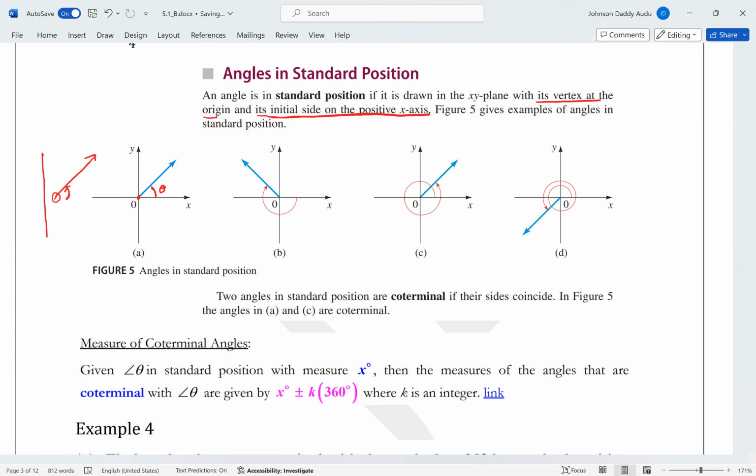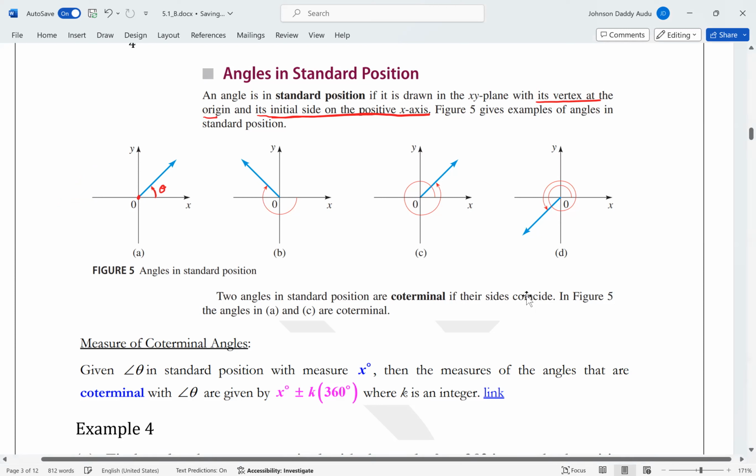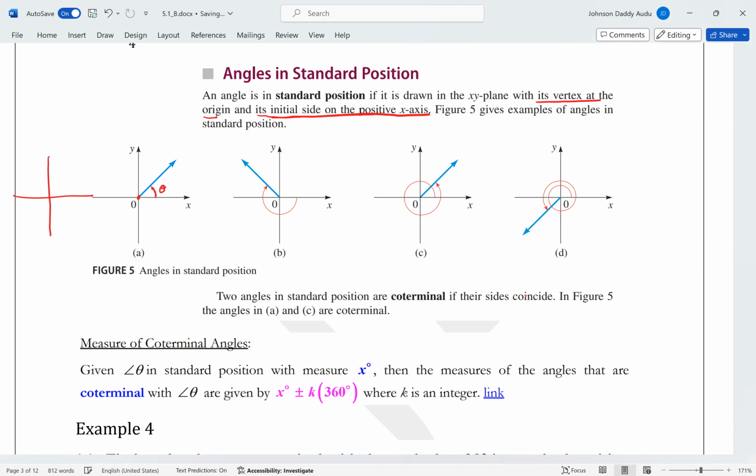Let me give you another example of angles that are not in standard position. I have this one here, and let's say I call it theta. So this theta is not in standard position. Why? Because the initial side is on the negative x-axis, right?